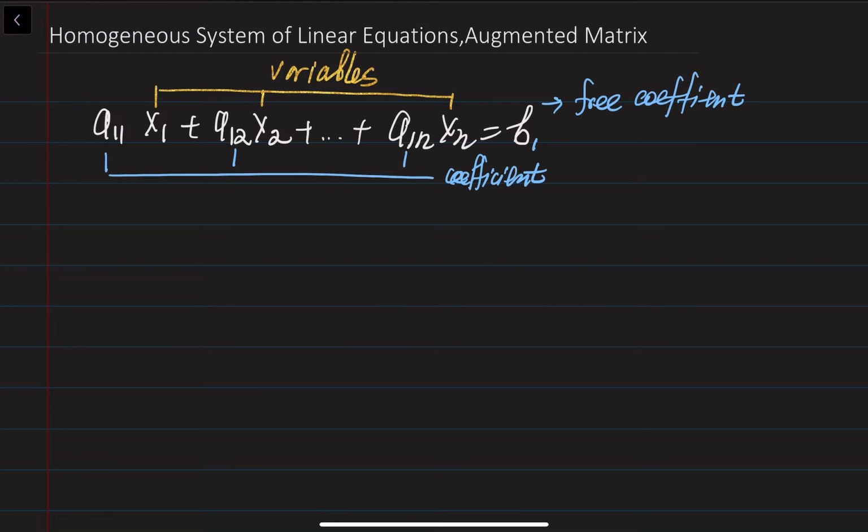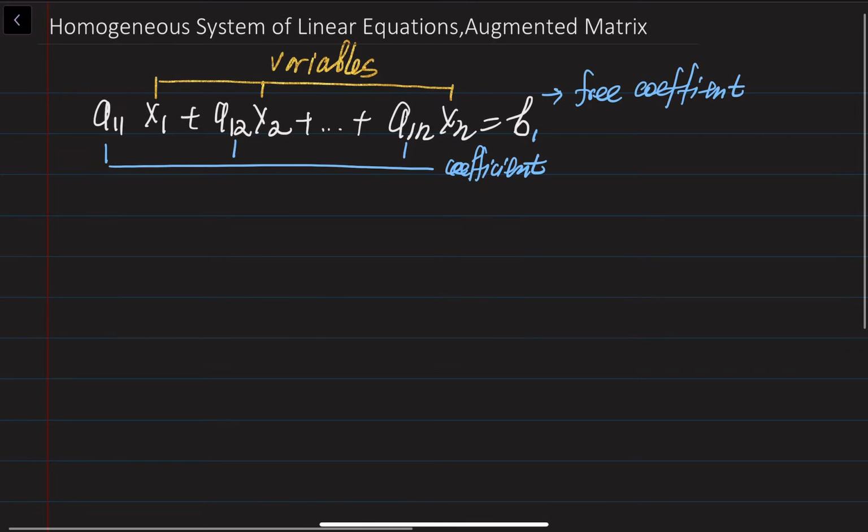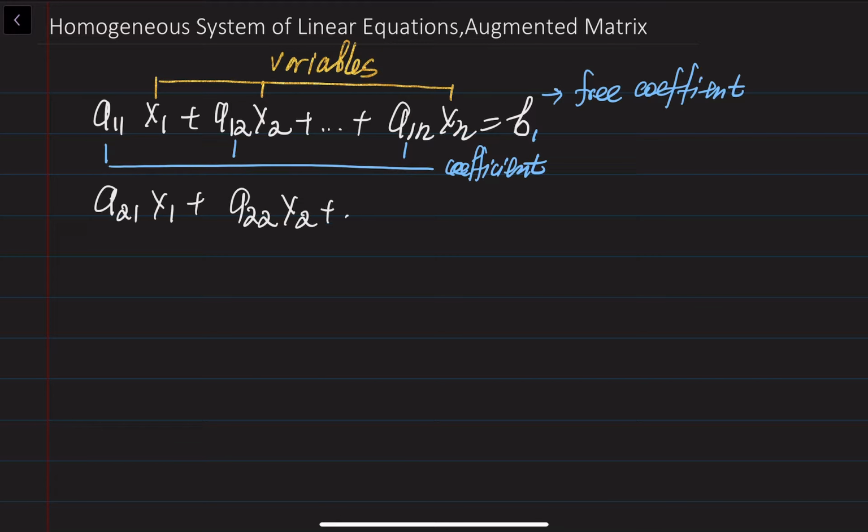the variable. So whenever we have not one linear equation, but let's say k linear equations, it is going to create a system. So we are going to write down the second linear equation in the same notation. So it's going to be a21x1 plus a22x2 plus and so on plus a2n xn is equal to b2 and so on.